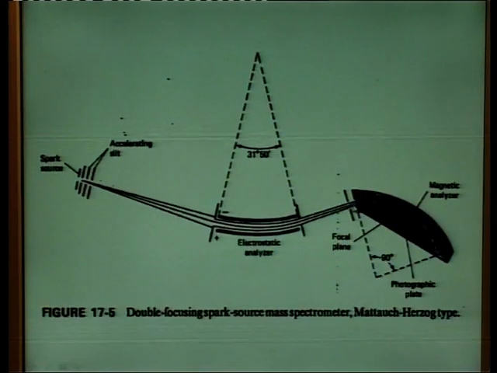Now, all the ions get a different path under this magnetic analyzer. So, they fall on different portions of this plane. So, this also gives a photographic depiction of the ions. So, this geometry is called the Mattauch-Herzog type geometry.